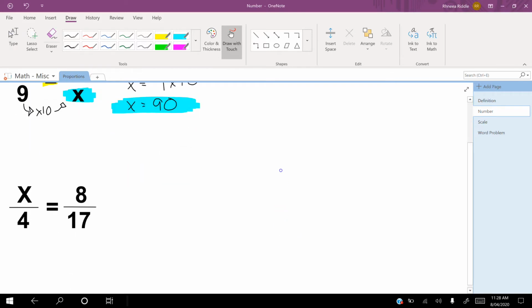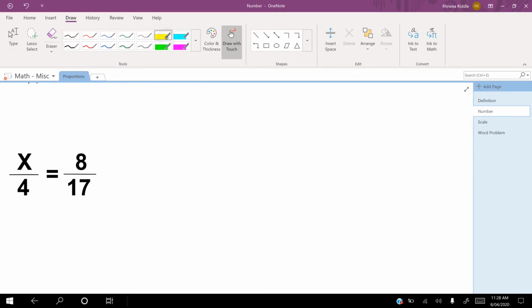So now sometimes we get fractions and proportions that aren't simple. So we can see here, for example, that this 4 and this 17 are going to be the 2 numbers we use if we are going to use that above method.